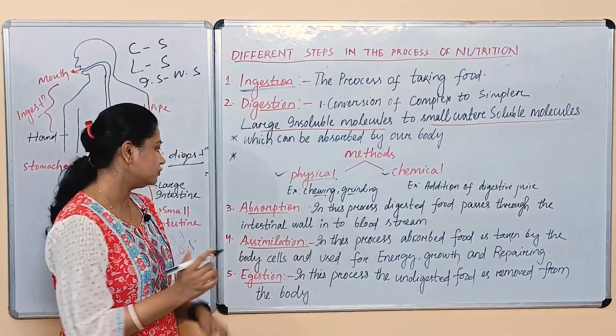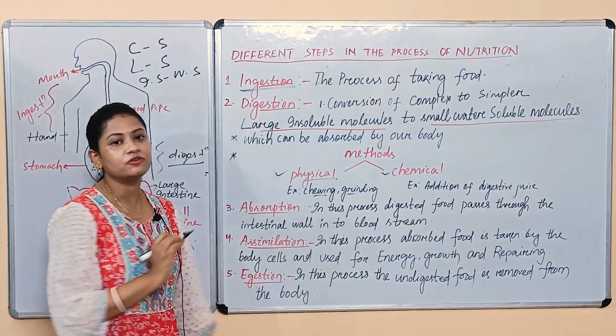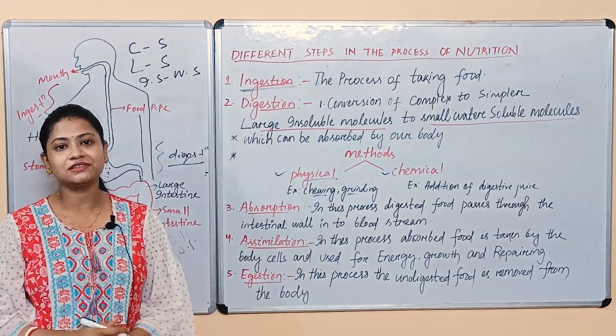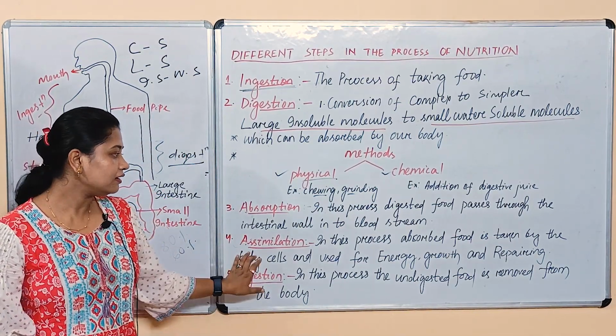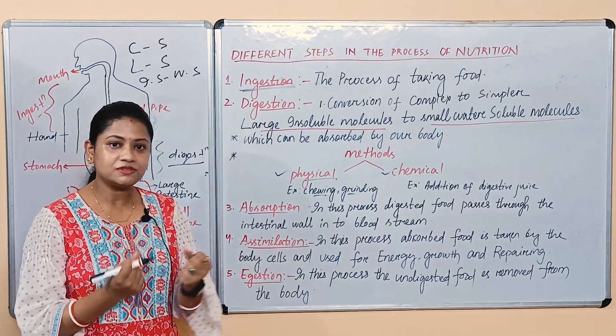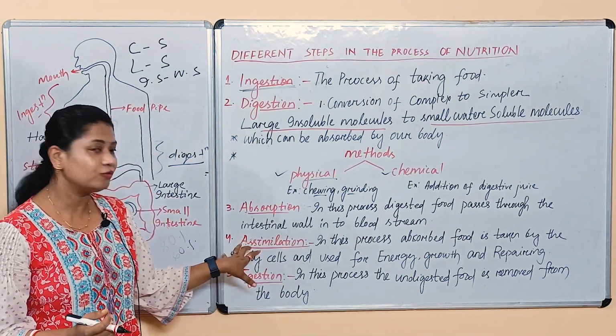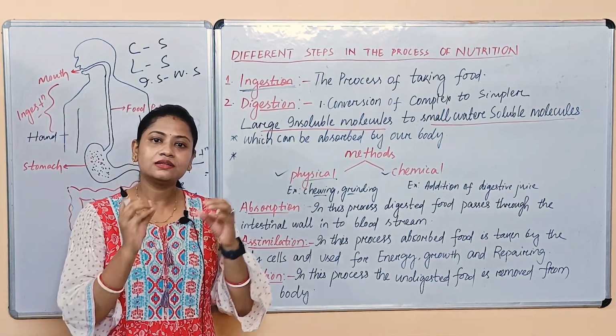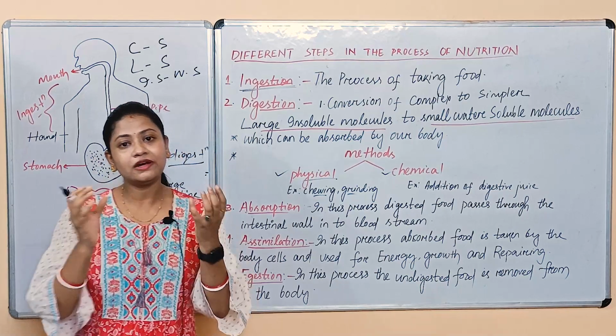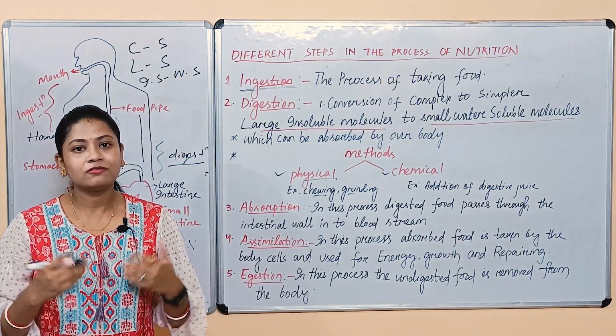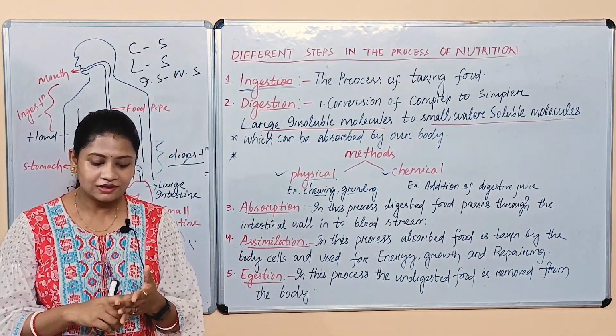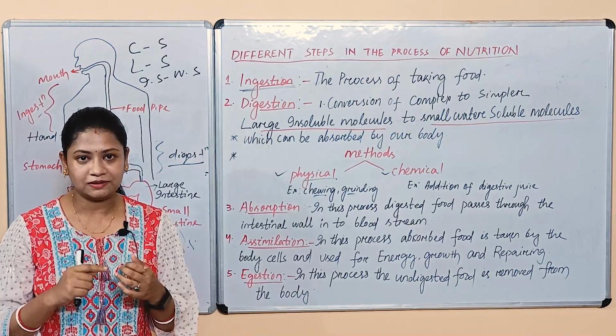Then we'll go to the assimilation process. Then what is the assimilation process? When the food is absorbed, that food is taken by the body cells to the different parts of our body. For what? For energy, for growth, and for repairing.